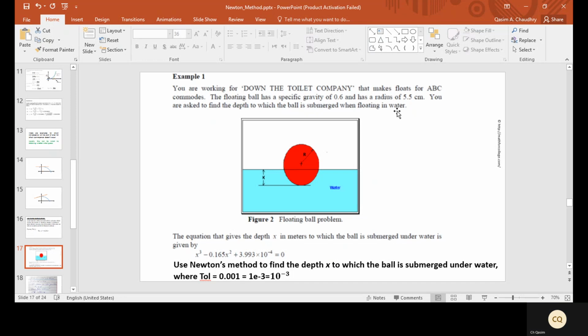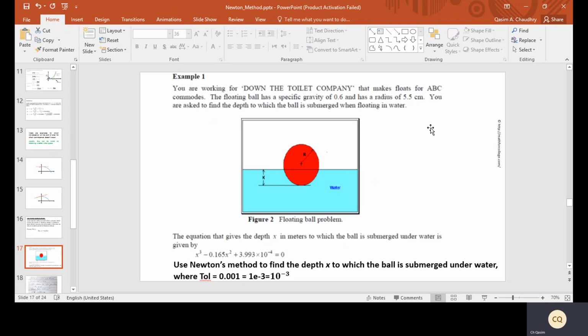The floating ball has a specific gravity of 0.6 and has a radius of 5.5 centimeters. You are asked to find the depth to which the ball is submerged when floating in water. The information given here is that the specific gravity of the floating ball is 0.6 and the radius is 5.5. So now the question is to find the value of that depth, that variable.